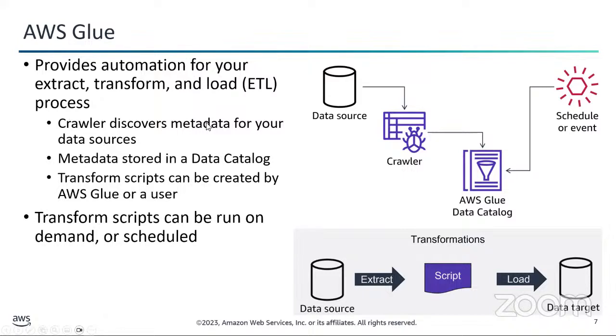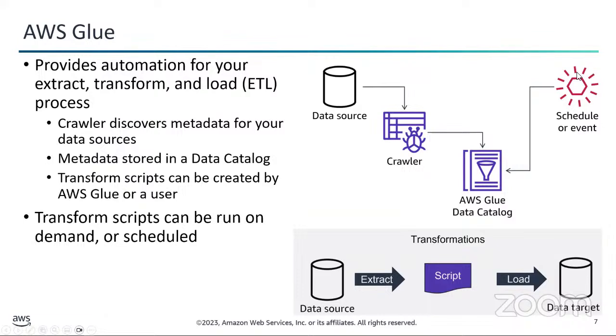So the crawler discovers the metadata for your data sources and then stores it in a data catalog called the AWS Glue Data Catalog. Okay, so it's also on the cloud, of course. Then the transform script can be created by Glue or a user to extract the data and load it wherever you want.